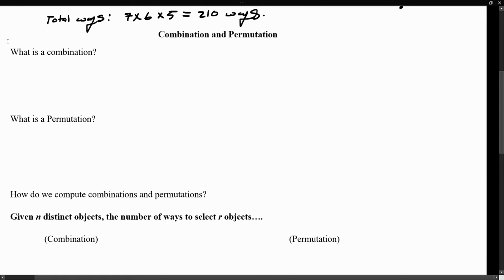There's a slight difference between a combination and a permutation, and let's show what that difference is.